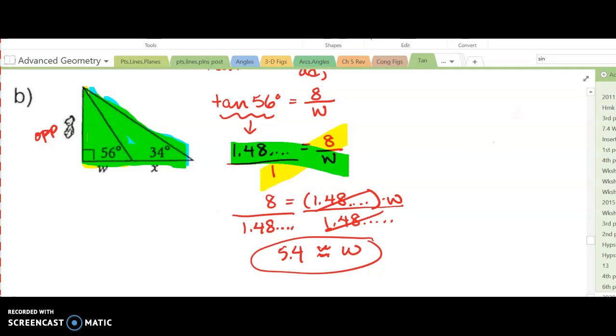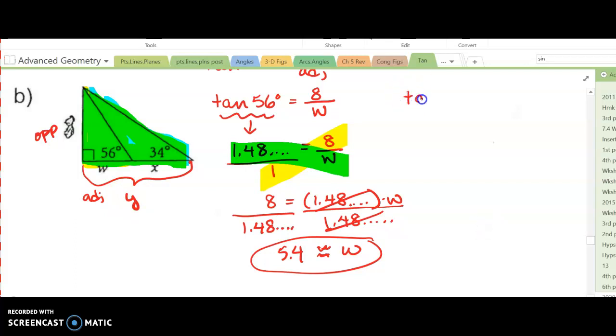And we use 34 degrees, in which case 8 would still be opposite, and this whole side would be adjacent, and this whole side is technically W plus X, but that feels really messy to me, so I'm just going to temporarily call this Y. We can just make up a variable to represent that whole side.